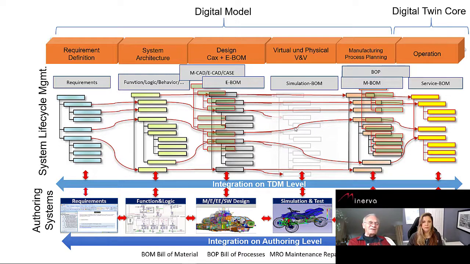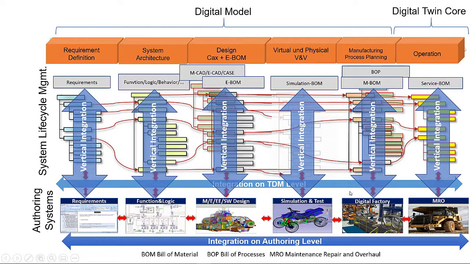In each phase we have a partial model, and the vertical integration means that in every phase we have to integrate the authoring system. For example, the legacy systems for requirements management, for system architecture like Cameo or the Enterprise Architect, the different CAD systems, the simulation systems, the digital factory systems.